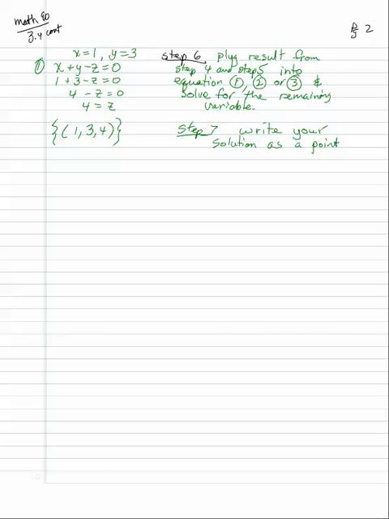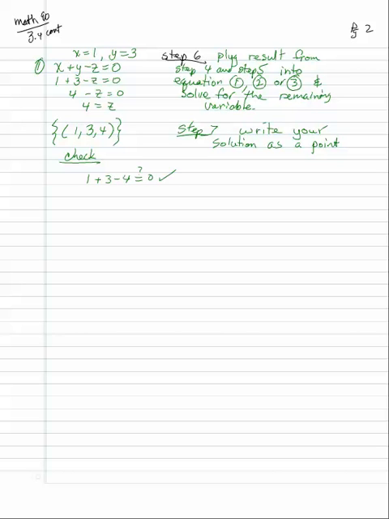Now, if I wanted to check this, or if I asked you a question like, is the point 1, 3, 4 a solution to the system, just like with two variables, the way you would check is you would plug it into all three equations. So we got x plus y minus z, does that equal 0?